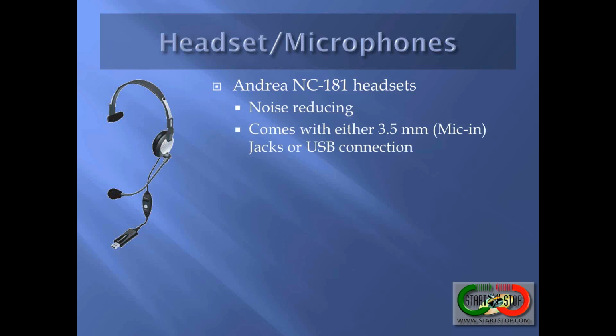With a 3.5mm mic-in jack or a USB connection. It does not come with an adapter that allows you to switch back and forth. You would have to purchase the one you wanted.